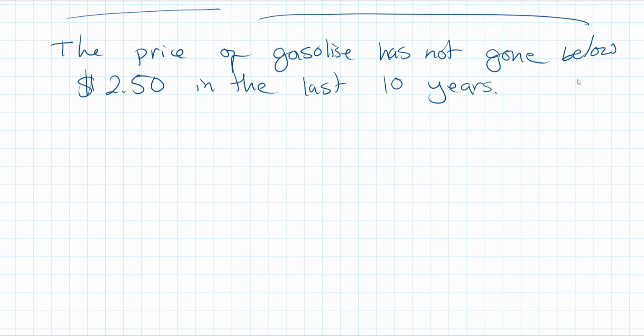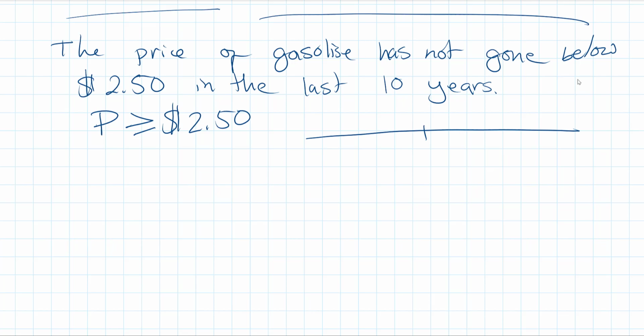Yeah. Let's write the price as P. P is larger or equal to $2.50. And on the number line, if we have 0, 1, 2, 3, we can write that right here. 2.50 is just in the middle. Again, let's switch colors so that it's clear. Right? So the price of gasoline is always above $2.50.